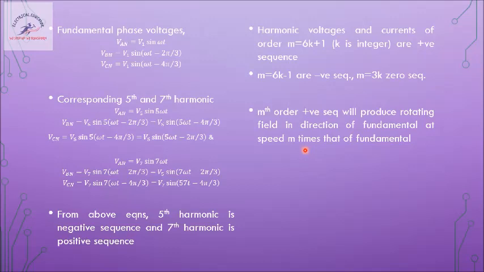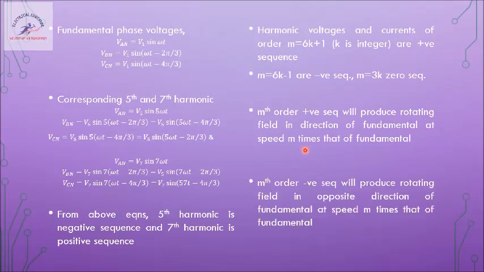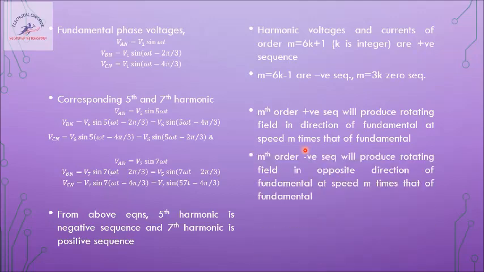So any positive sequence harmonic will produce a field rotating in the same direction whose speed is m times that of the fundamental. Next point, any mth order harmonic which is negative sequence will produce the field in the opposite direction, and its speed will also be m times.